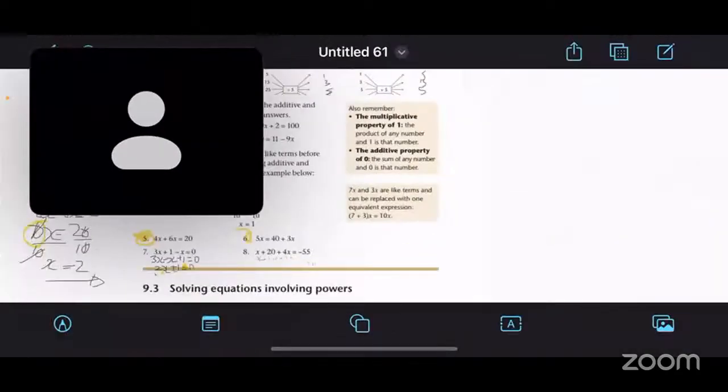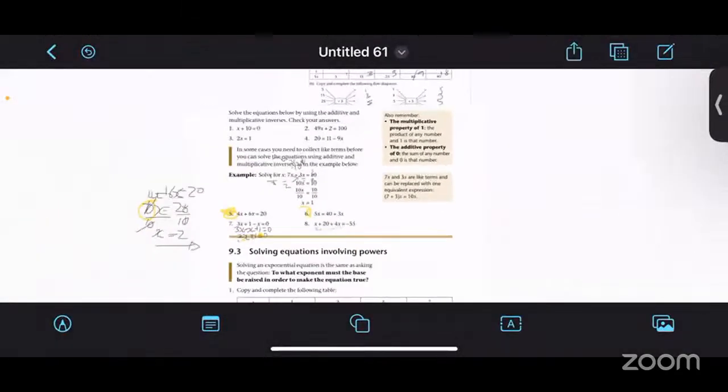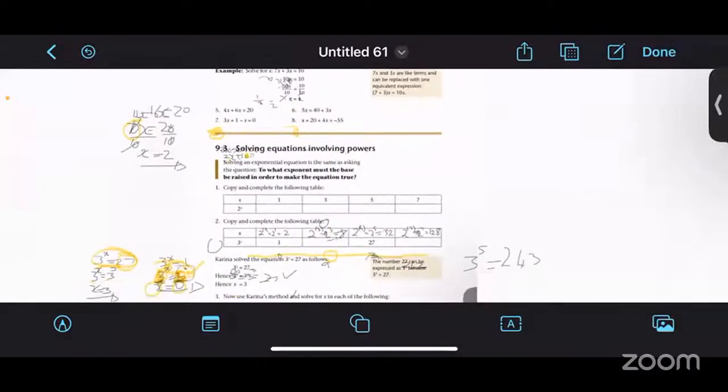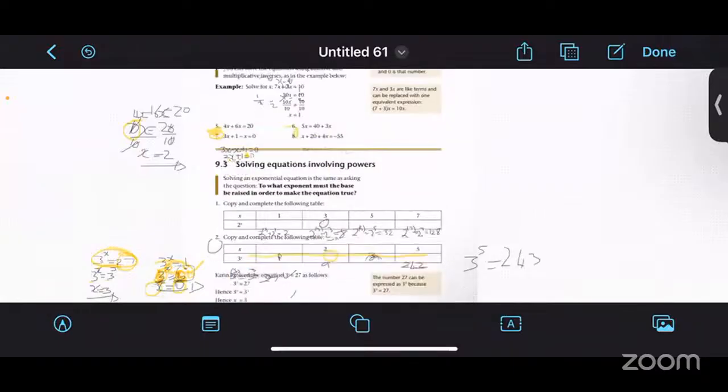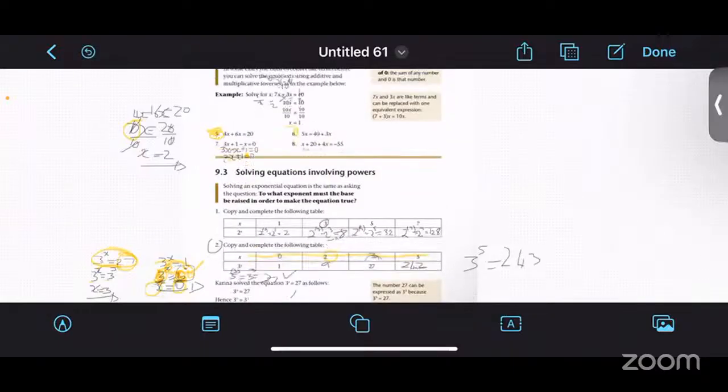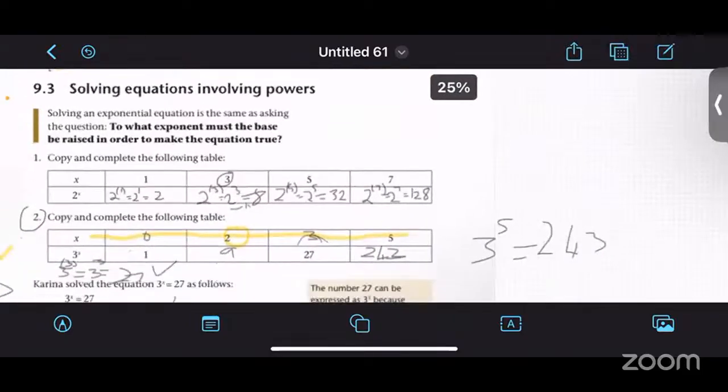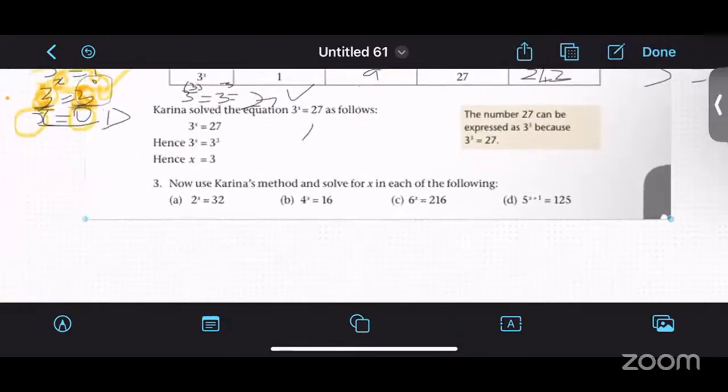Let me try to share the screen with you so that we can look at statements.